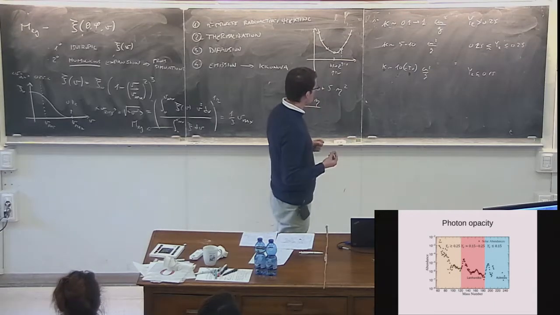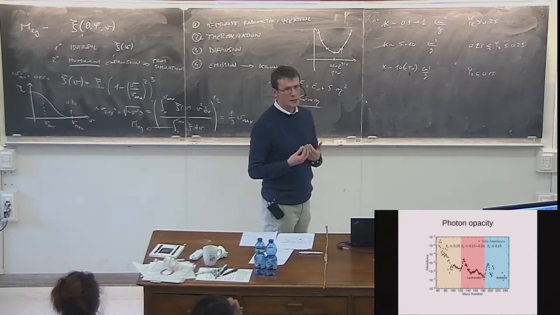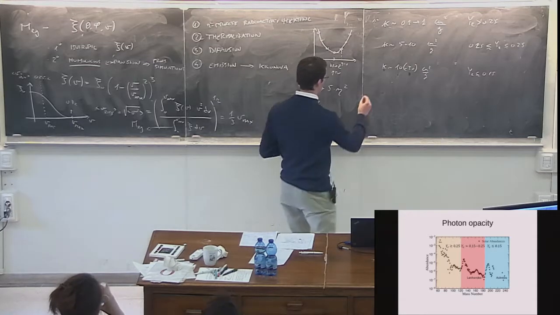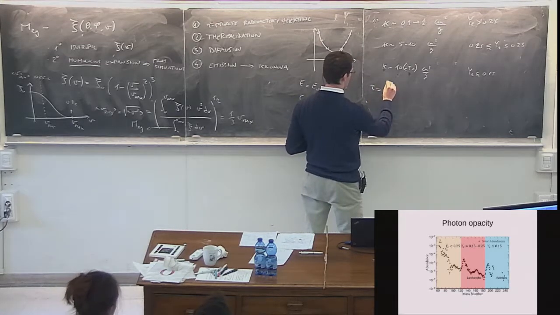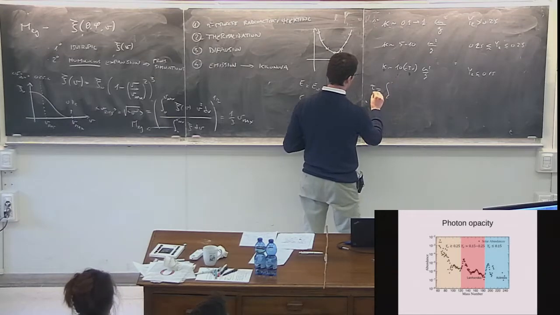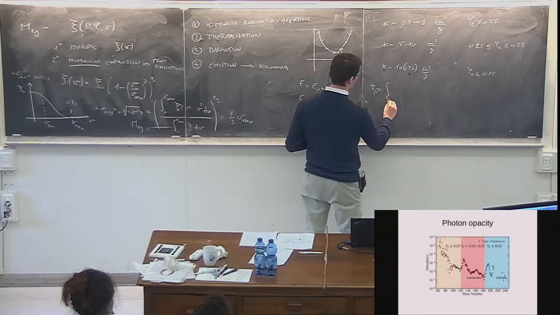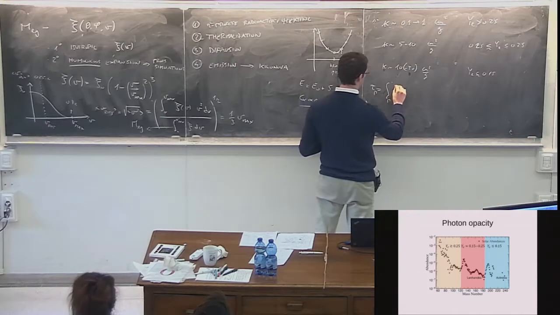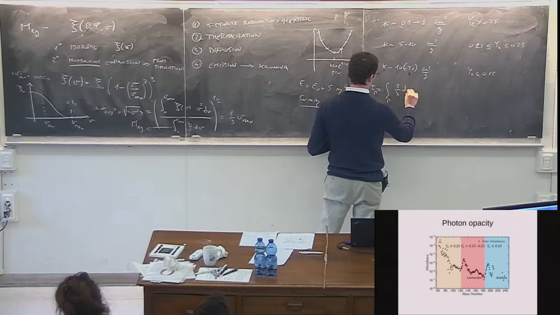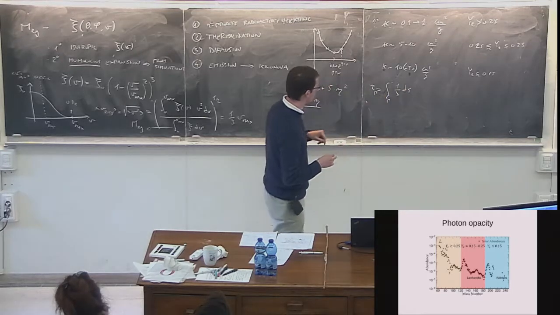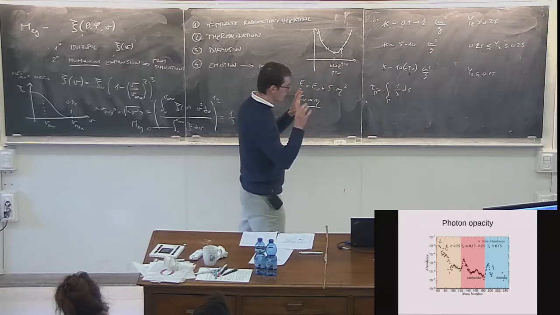There is a quantity that is slightly more intuitive in some sense. It's called optical depth. The optical depth tau can be defined over a certain path gamma, and it's defined as the path integral of 1 over lambda. So you have to imagine this situation.